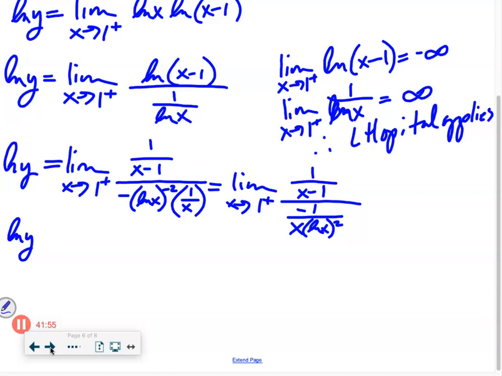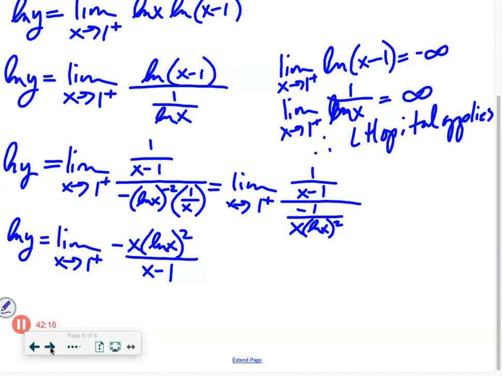Okay, so ln y equals the limit, x approaches 1 from the right, of x times ln x quantity squared, and this would be negative over x minus 1. Now we plug in a 1 and we get 0 over 0.